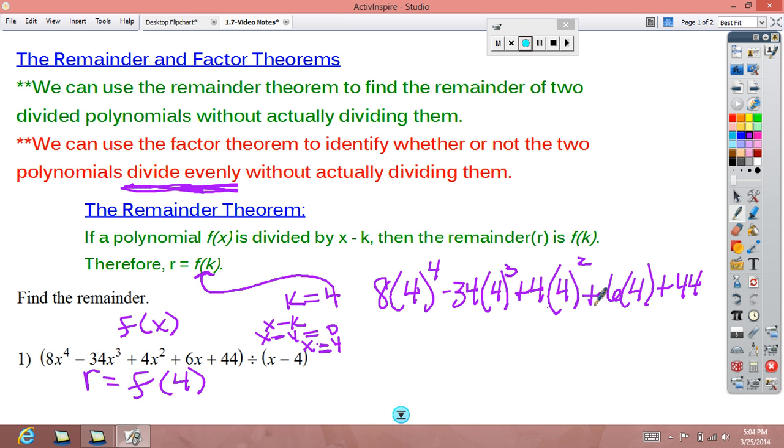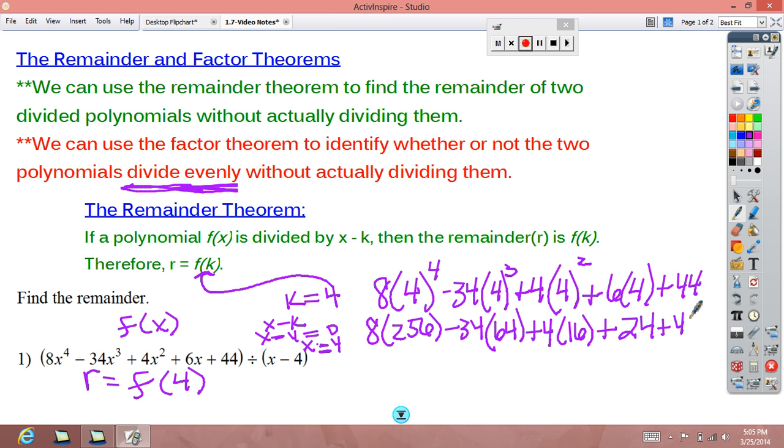I can't simplify anything in here, but I can do MDAS. E is next. So 4 to the 4th power is 256. So 8 times 256 minus 34 times 4 cubed, which is 64, plus 4 squared, which is times 16, plus 6 times 4, which I know is 24, plus 44.